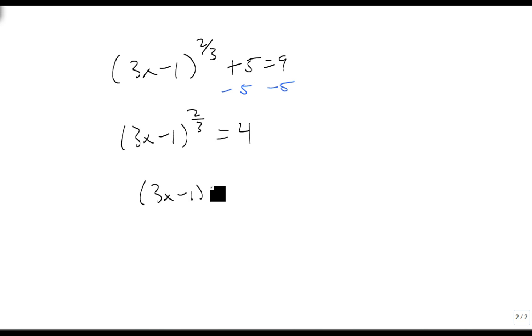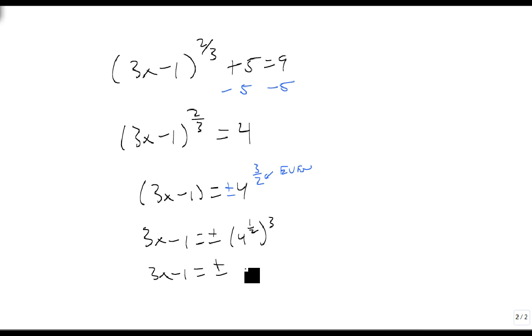So 3x minus 1 equals 4 to the 3/2 power, but because this is even, I'm going to add a plus or a minus. So we get 3x minus 1 equals plus or minus 4 to the 1/2 cubed. 3x minus 1 equals plus or minus 2 cubed, so 3x minus 1 equals plus or minus 8.